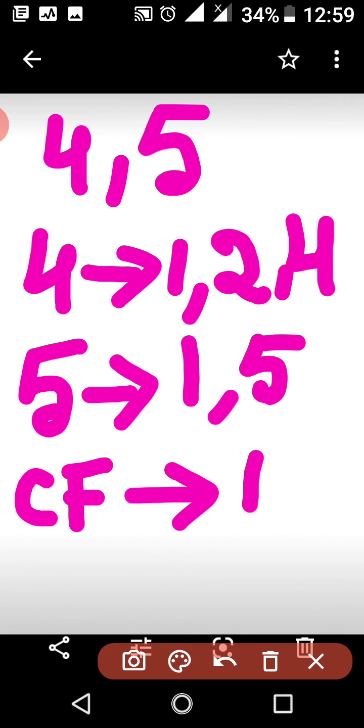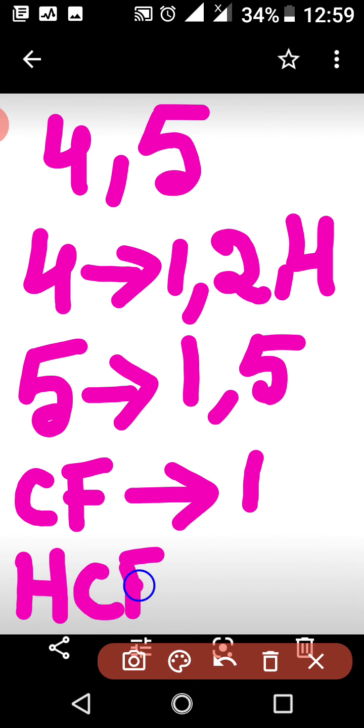What is meant by HCF? Highest common factor. Here there is no highest and no smallest, we only have one common factor, that is 1. So the answer is 1. For any two continuous numbers we don't have other common factors, and as we know 1 is a factor for every number.